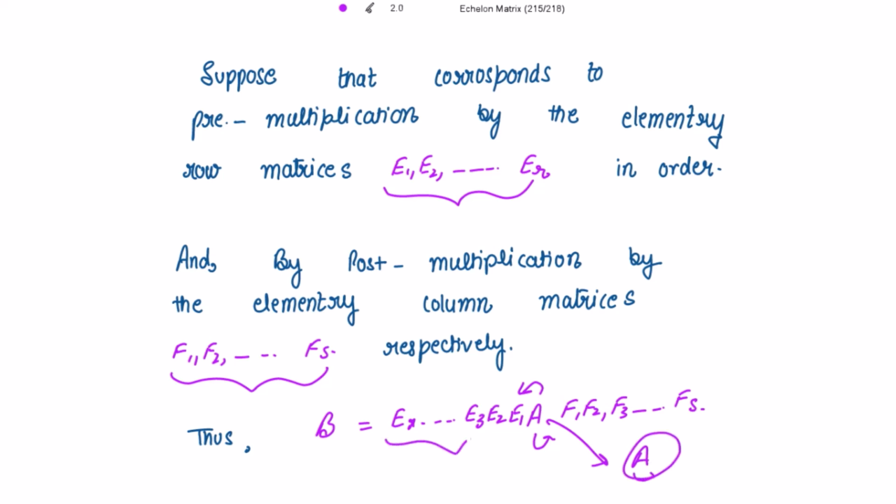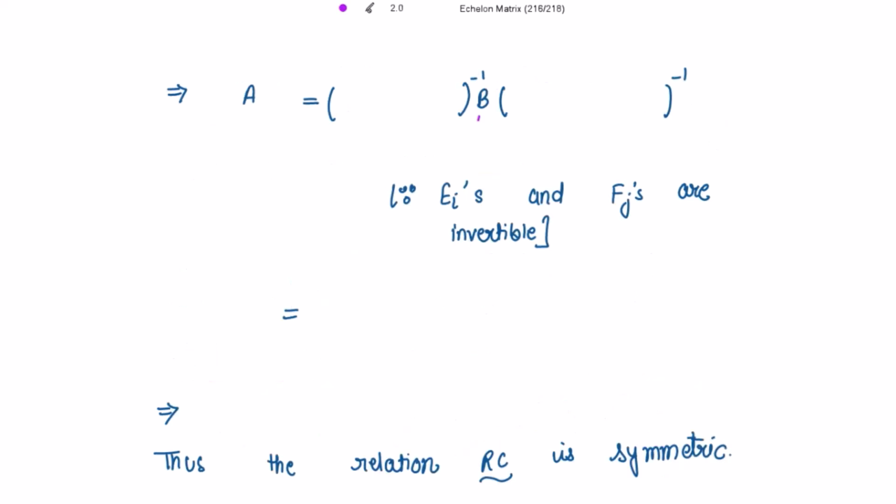And because these matrices are elementary matrices, these are invertible matrices, so their inverse exists. So now this A can be written as pre-multiplying B with the inverse of the product of Er up to E3, E2, E1, and post-multiplying the inverse of the product of F1, F2 up to so on Fs. As Ei and Fj are invertible, their inverse exists.